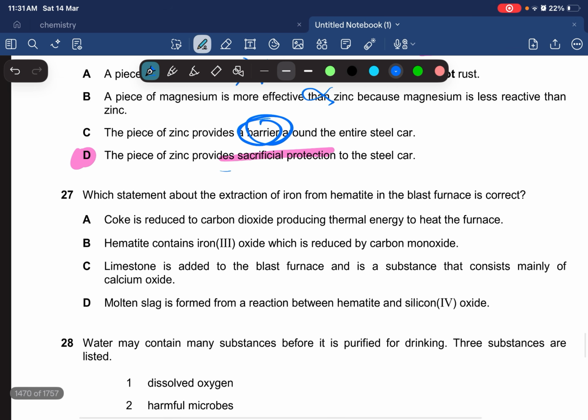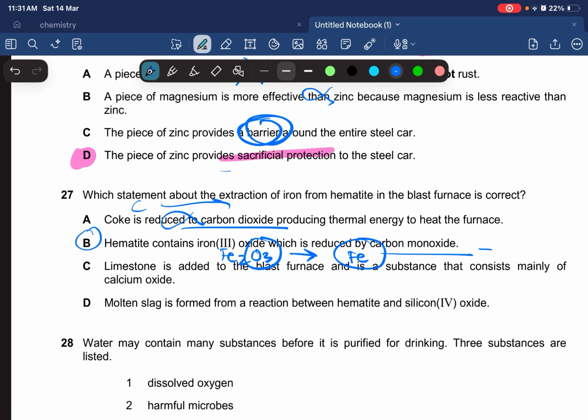Okay, no worries. Which statement about the extraction of iron from hematite in the blast furnace is correct? Coke is reduced to carbon dioxide. No, it's oxidized. Carbon forming carbon dioxide, oxidation. Hematite contains iron(III) oxide, which is reduced by carbon monoxide. Yeah, that makes sense. Hematite is Fe2O3. It's reduced. It loses its oxygen to form Fe only by carbon monoxide, and carbon monoxide is oxidized to form carbon dioxide.